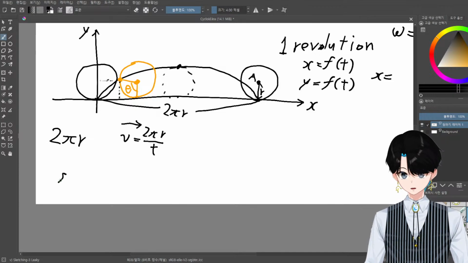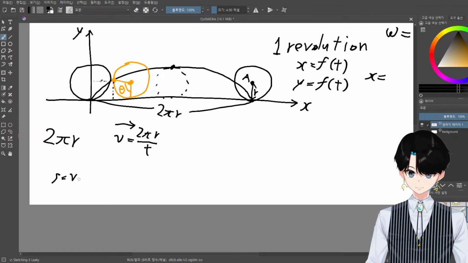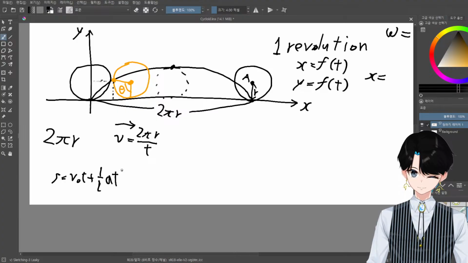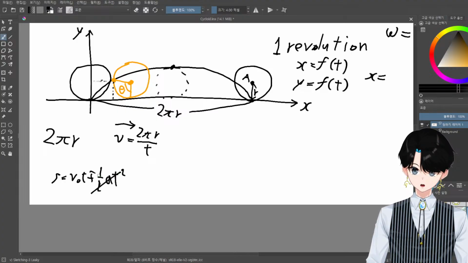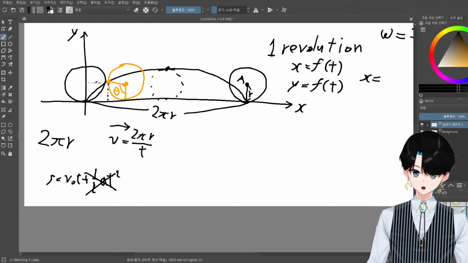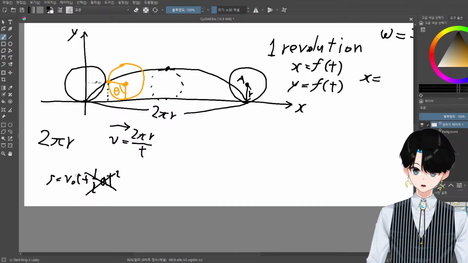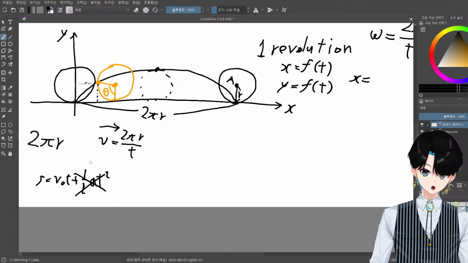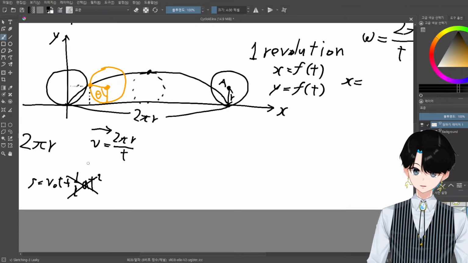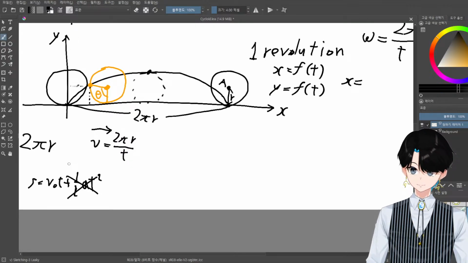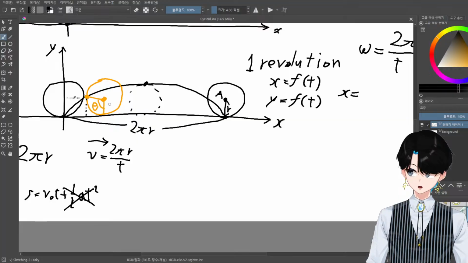Wait, what was it? S is equal to V0 t plus half a t squared, where a is acceleration. There is no acceleration, so this is 0. V0 t. Yeah, okay. Then the time will go on. The time.